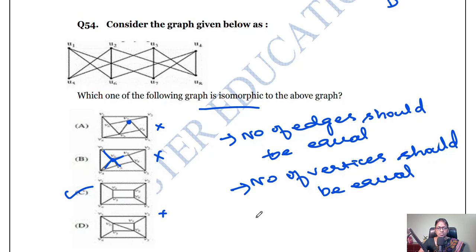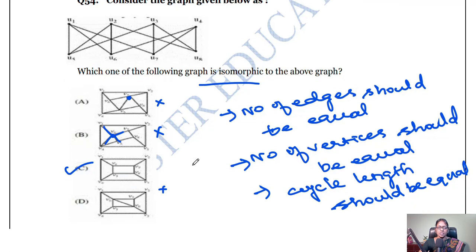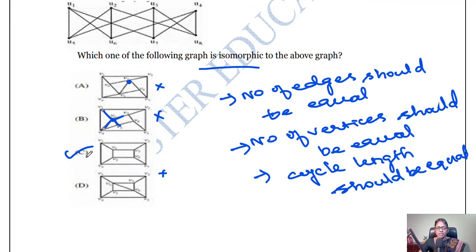And the cycle length should be equal between the two graphs. So this is one graph and this is one graph. When can I say this graph is isomorphic to this graph? If there are an equal number of edges between these two graphs, an equal number of vertices, and equal cycle lengths. Okay, so based on that, I am telling that C is the option.